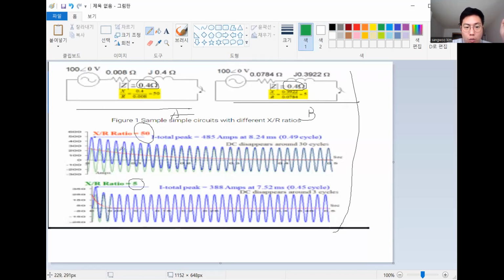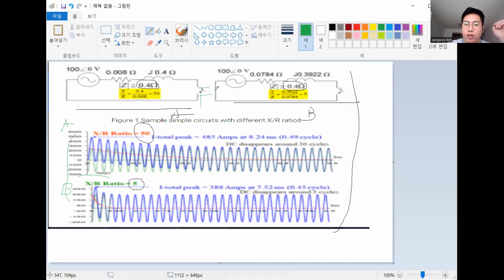You can see this DC offset. At A, it disappeared after a longer time, right? Instead, in this B circuit, the R/X ratio is smaller, so it disappeared kind of sharply, kind of fast. And what I said is we also need to consider the magnetic forces, which happen in a negative way and can break the electrical system.